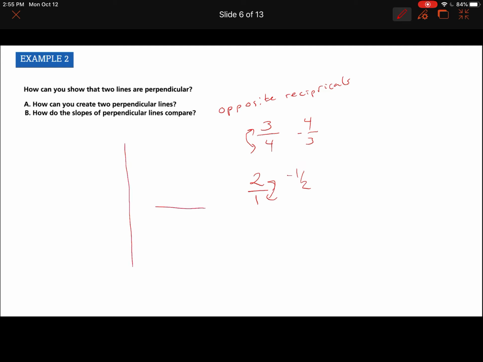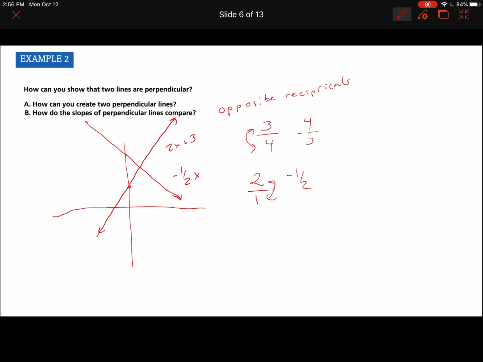If I have a line that has a slope of, let's just do 2, let's say this is 2x plus 3, my perpendicular line is going to have a slope of negative 1/2.